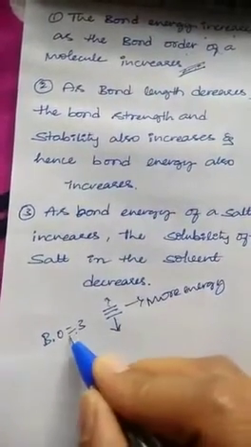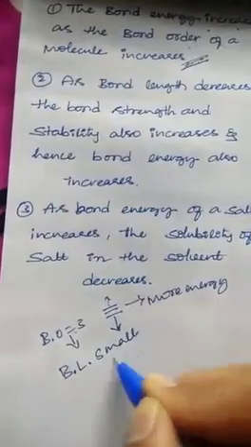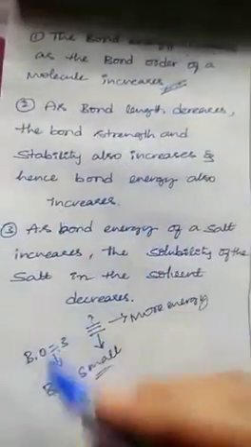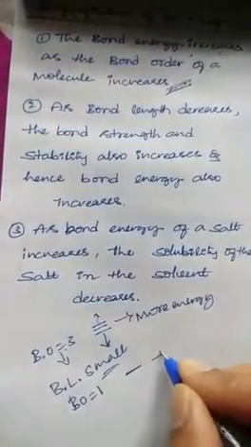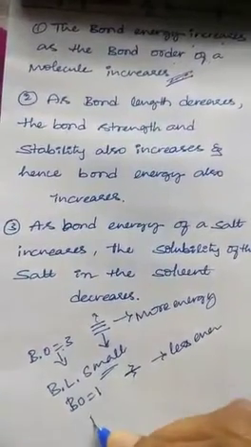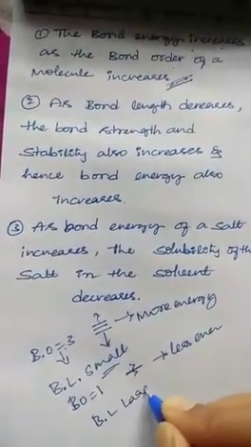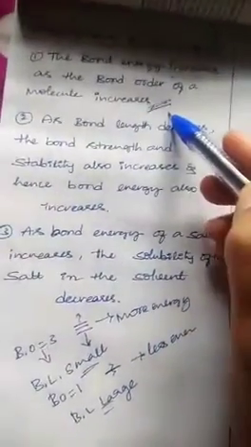In the case of bond order 3, bond length is small. Understand? But if bond order is 1, 1 means single bond. Less energy is required to break this single bond. In this case, bond length is large. This is the first significance.